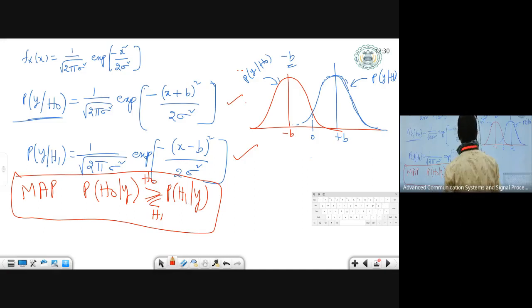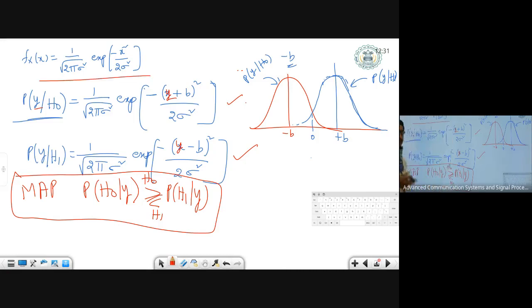You people might be having a confusion over here, right? Here the variable is x, here the variable is y. That's a mistake I have made. If I write y over here, this also should be y. It is just the probability of occurrence of the variable y when h1 has occurred. This is the probability density function of the noise.